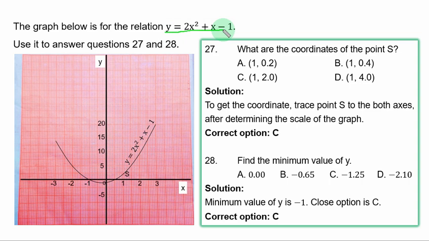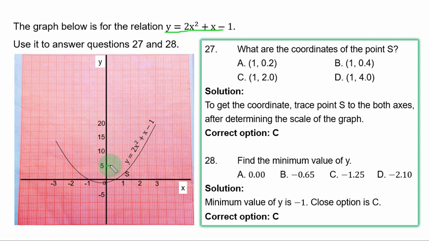So let's start by knowing the scale. The scale used is simply 2 cm to 5 units on the y-axis. This implies that one line is 0.5. In other words, two lines combined give 1 unit. And on the S-axis, 2 cm to 1 unit, and this implies that one line is equal to 0.1 unit.